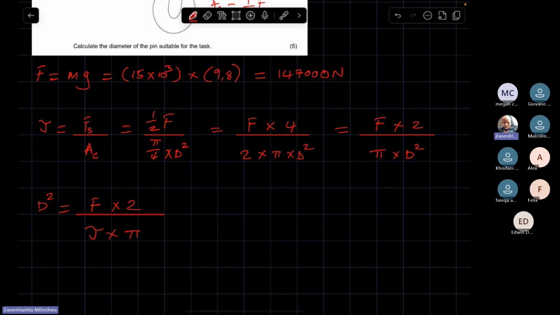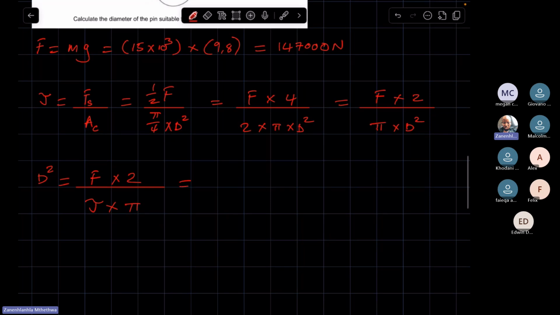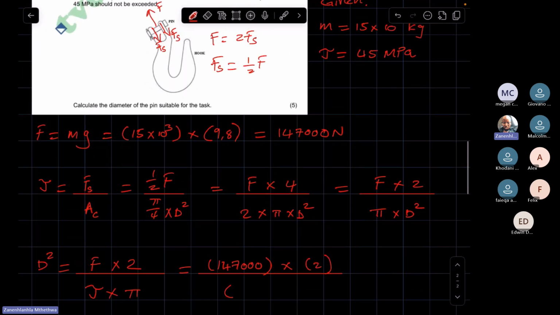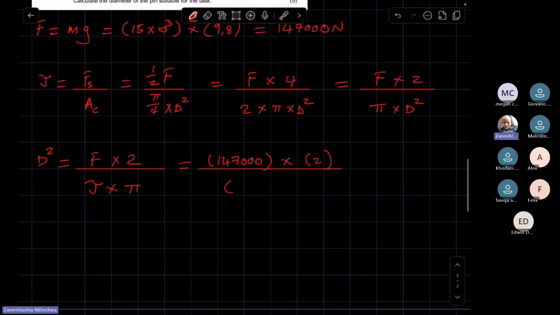Yes, sir. So this is equal to, the force is 147,000 times 2 divided by the shearing stress, which is 45 megapascals. Convert that to pascals.